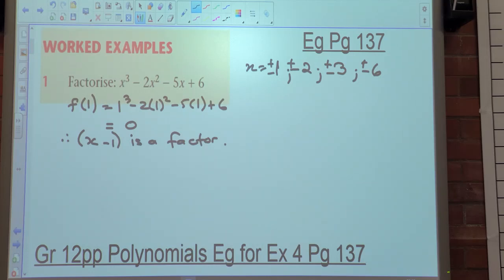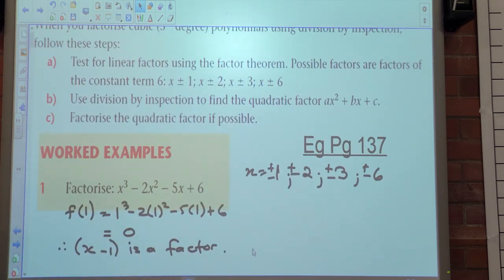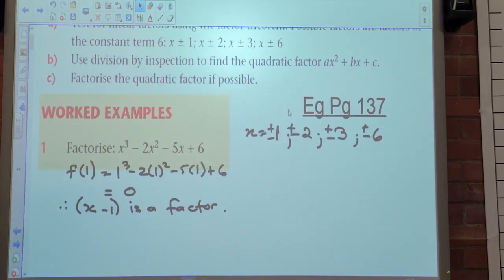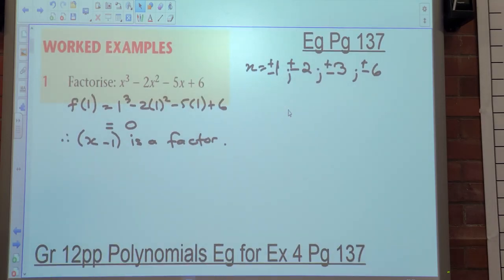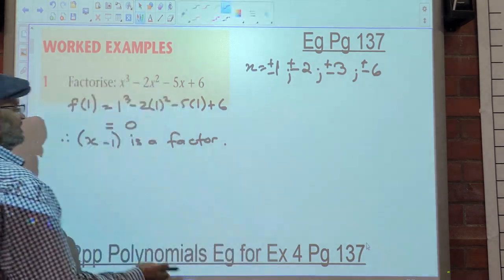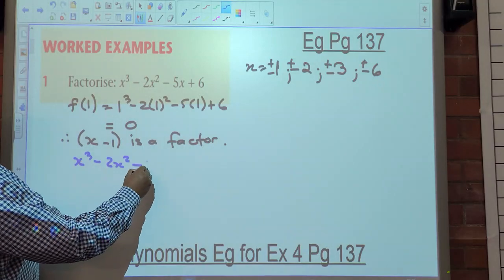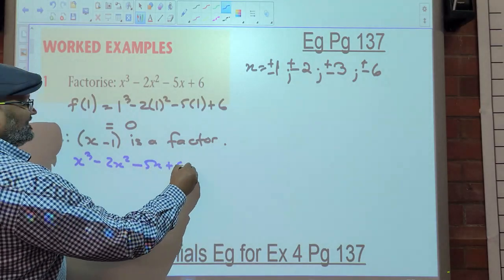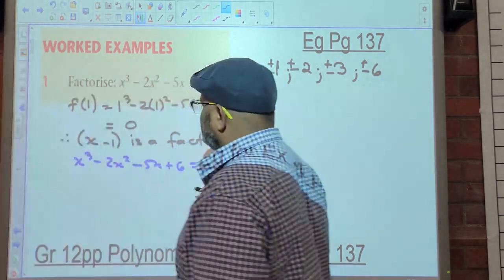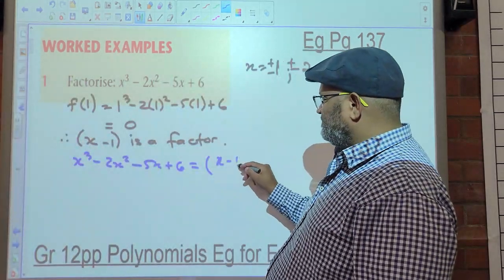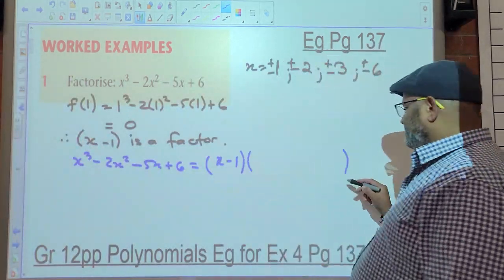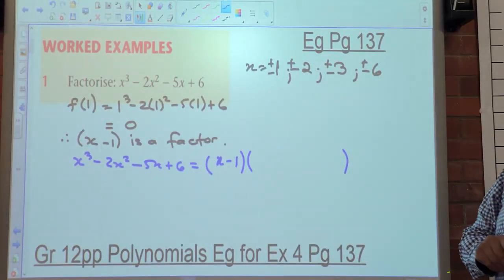What is the next step we have to do? Use division by inspection to find the quadratic factor ax squared plus bx plus c. Okay, so now for x cubed minus 2x squared minus 5x plus 6, we know that the linear factor is x minus 1. Can you see that? That's your linear factor.